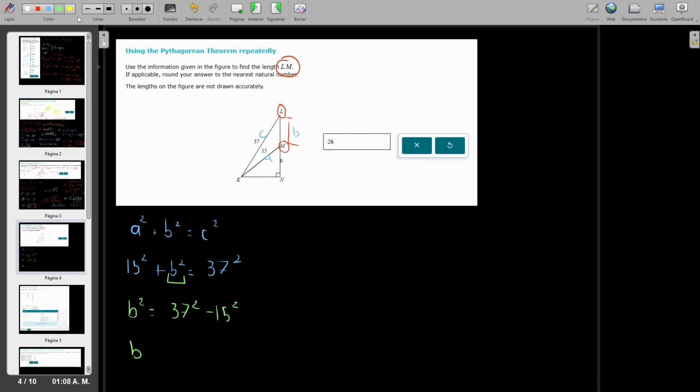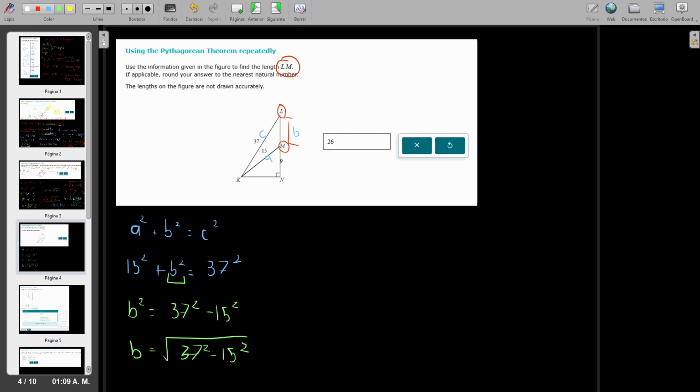So B is going to be the square root of 37 squared minus 15 squared. Yes. I'm putting this in my calculator, and that is going to give us. Nope, that is not correct. Why? Okay. Give me a minute, please.